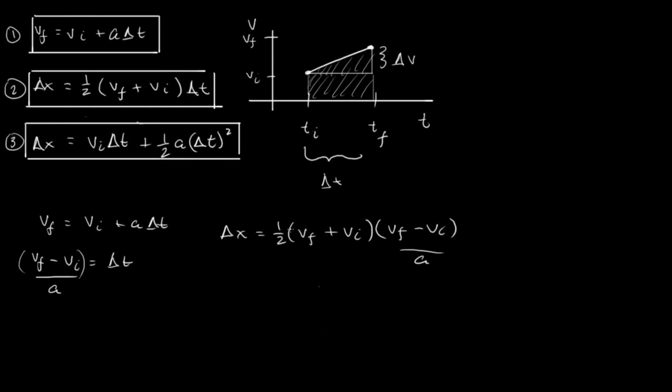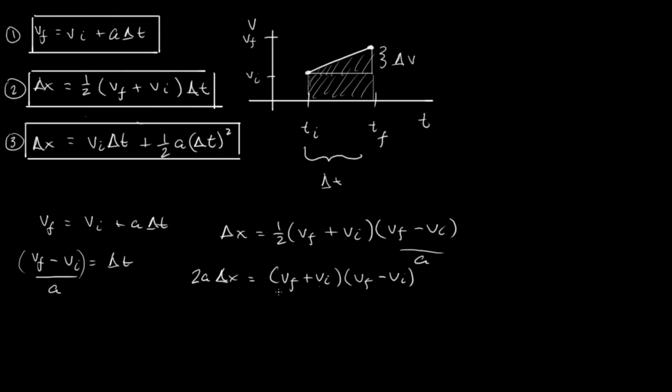Well, these are all factors, so I could just write the a right next to the 2. So I'd have 1 over 2a, but then I could multiply 2a on both sides so that I end up with 2a delta x is equal to v sub f plus v sub i times v sub f minus v sub i.